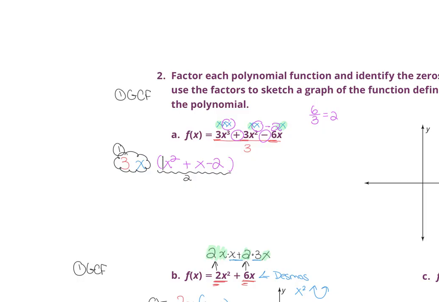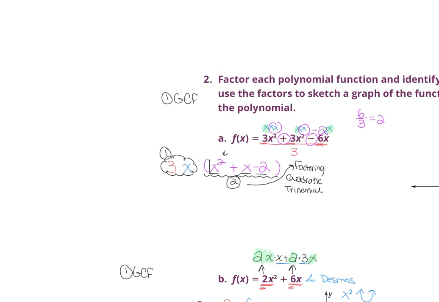Now we're going to draw our box. So this is what I'm going to do for step 2. So step 2, we're factoring the quadratic trinomial, which means my power is 2 and I have 1, 2, 3 terms.